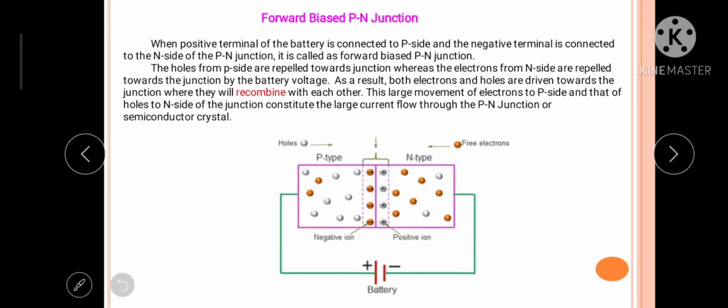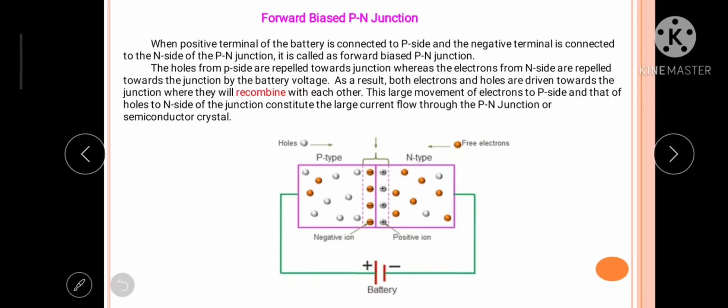Try to concentrate on this figure. When positive terminal of battery is connected to P side and negative terminal is connected to the N side of the PN junction, then it is called as forward bias PN junction.